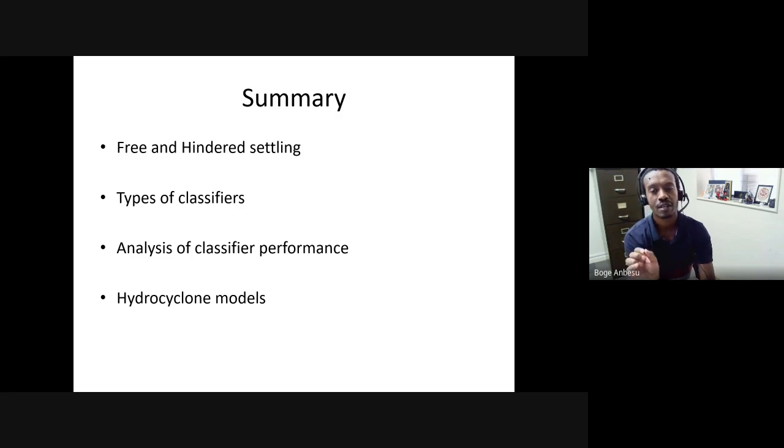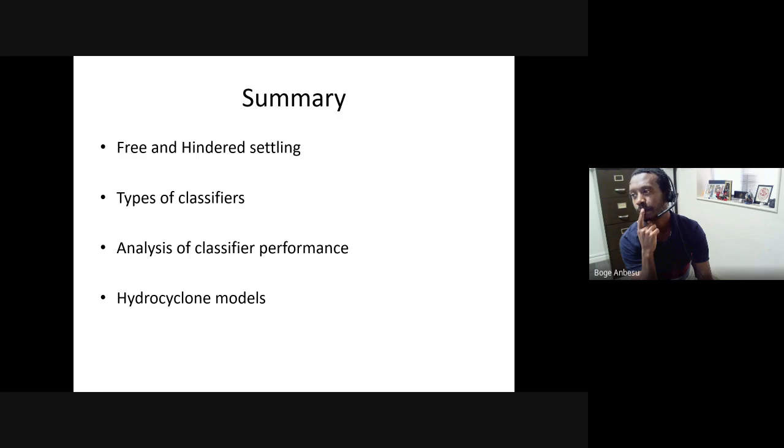If you say oversize, undersize for screening, undersize means overflow. Oversize for screening means oversize. We're not saying overflow for screening, we're saying oversize. And oversize for a screen is underflow for a cyclone, okay? I don't know if it makes sense to you guys, but it's more of a terminology.